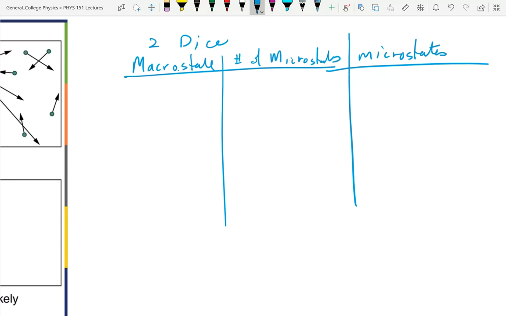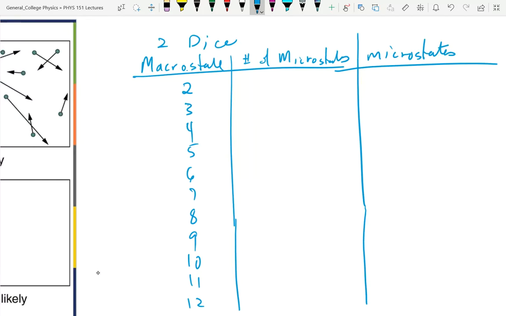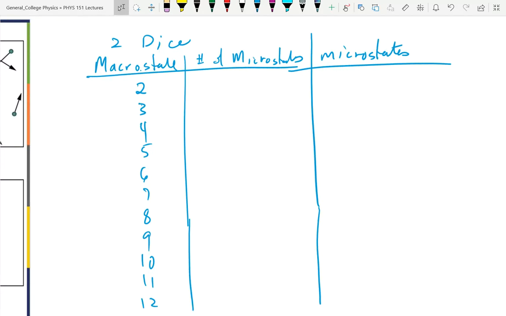You count the number of pips showing when you roll the dice. What's the minimum number of pips you can get? 2. And then it goes up by 1 to what's your maximum? Yeah, if you have standard 6-sided dice, yes.